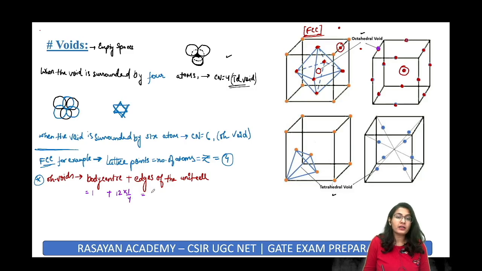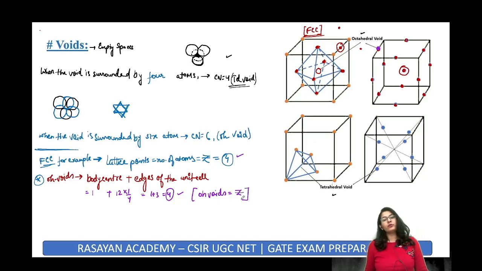How much are you getting? 1 plus 3 is equals to 4. So what did you realize? Lattice point was 4 in FCC और FCC के octahedral voids भी 4 ही है. So actually the number of octahedral voids in any kind of lattice is equal to Z. मतलब कि जितने भी lattice points होंगे उतना ही number of octahedral void हो.